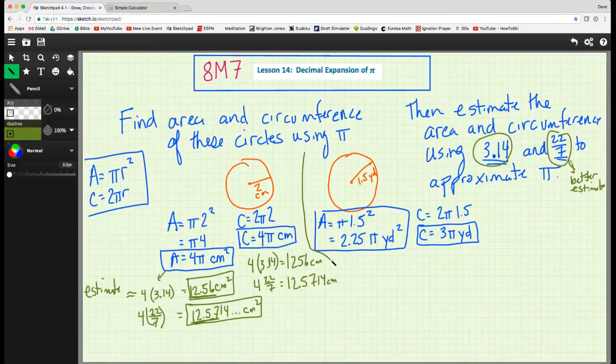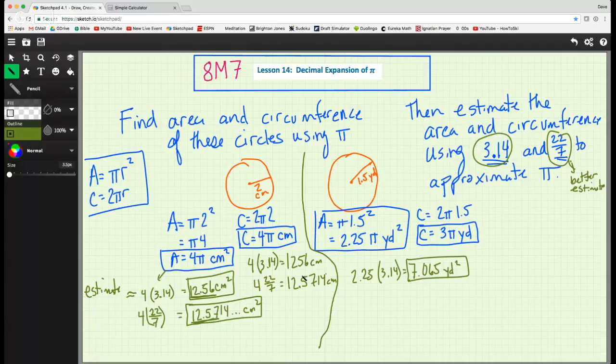But here we're going to do the same thing using 1.5. And we'll do it one more time. So if we estimate our area using 3.14, our estimated area is going to be 2.25 times 3.14. If I punch that into my calculator, that equals 7.065 yards squared.